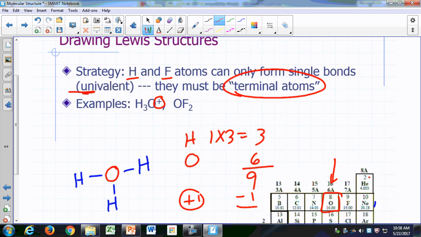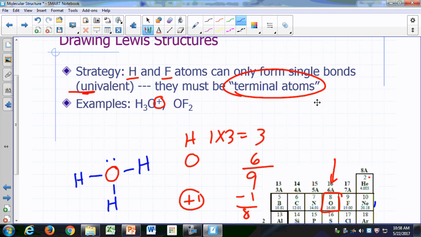A +1 charge means 1 less electron. You need 8 electrons to show. So far, we're showing 2, 4, 6 electrons around the oxygen, and if we try to follow the octet rule, we need 1 more pair of electrons on the oxygen. We can do that by adding a lone pair to the oxygen. So I'm going to put a lone pair right there.